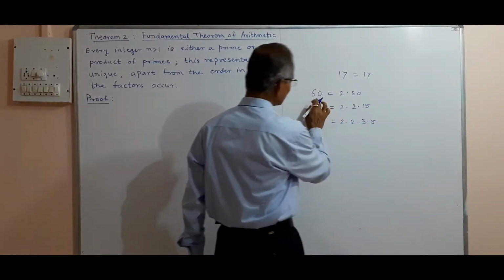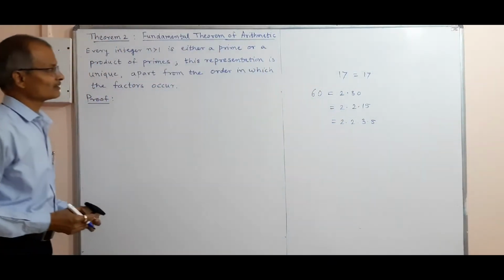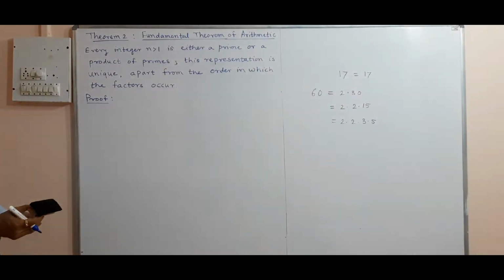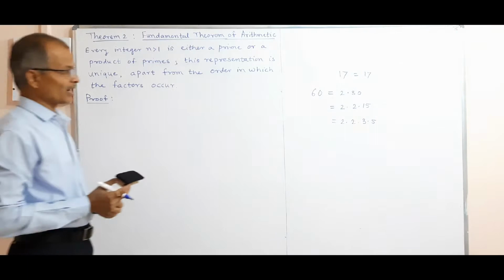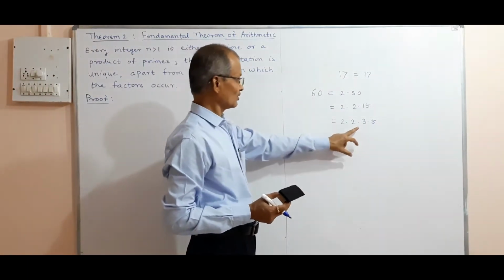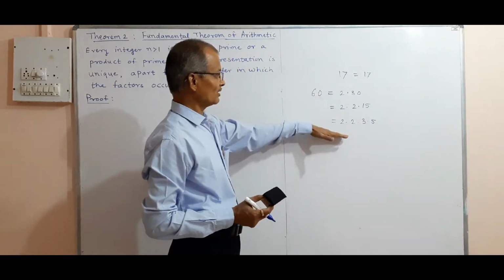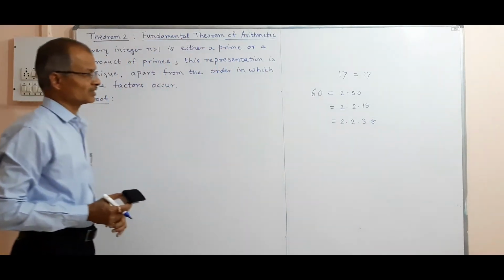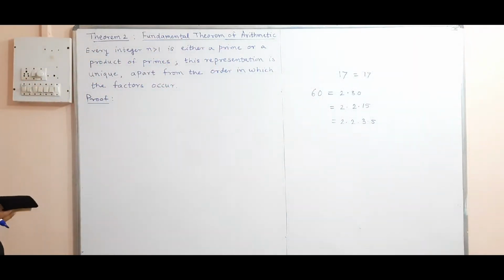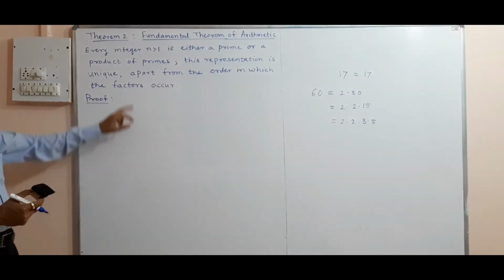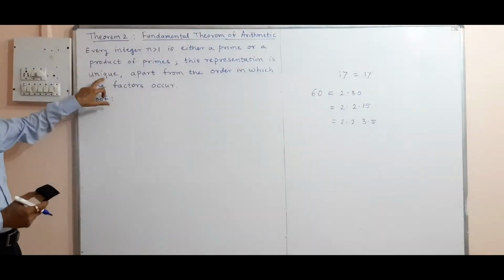Thus this is a composite number, written as a product of primes, and this representation is unique. There are no other primes except 2 repeated twice, 3 and 5 as the product of 60. So 60 can be written only in terms of these primes, and that is the meaning here. The representation is unique.